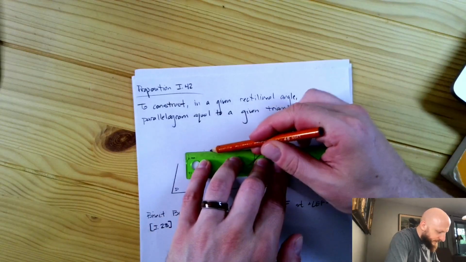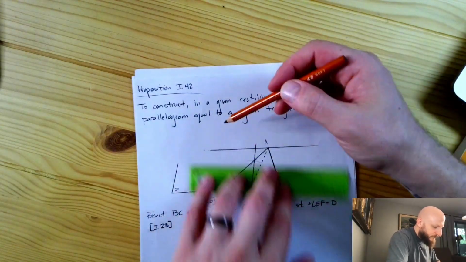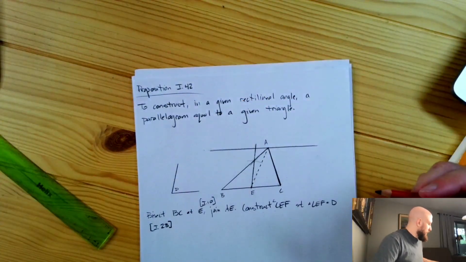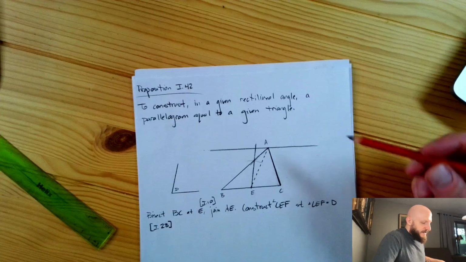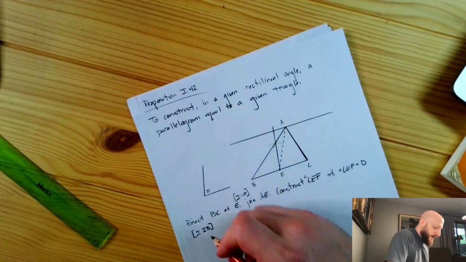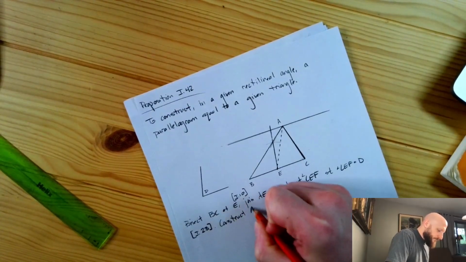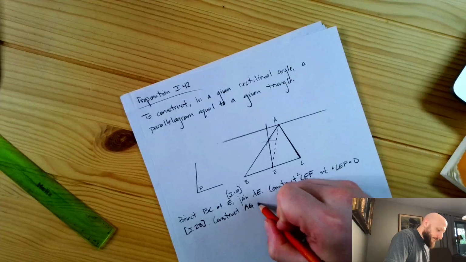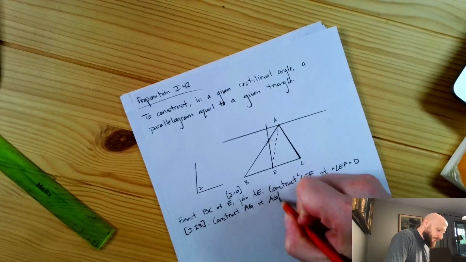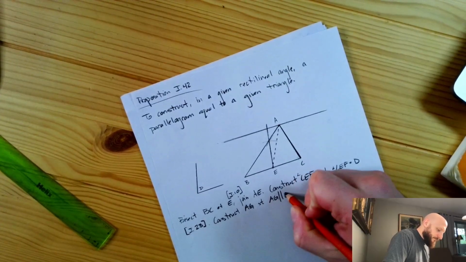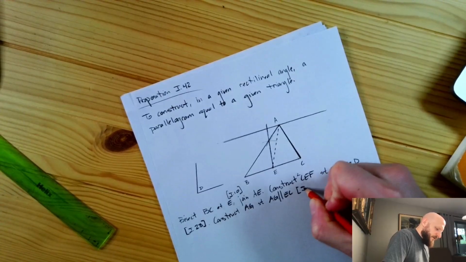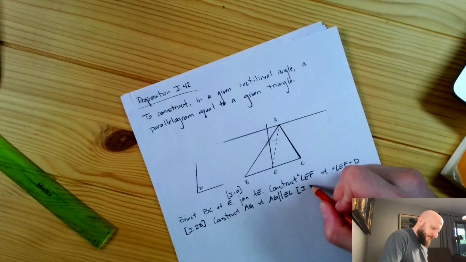It's one of those days. Maybe that's better. All right. AG parallel to EC. So I'll just write that. And that was prop 31 that allows us to do that.